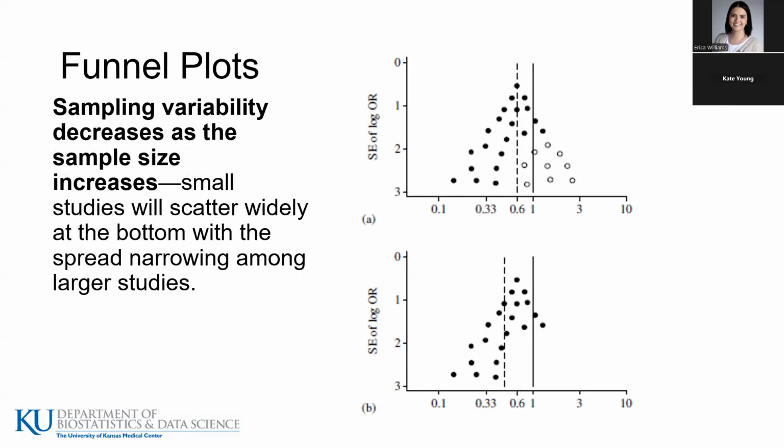One way that you can look at the risk of publication bias in a meta-analysis is with what's called a funnel plot. Funnel plots are tools that are often reported. You may have to look in the supplementary materials of a study to find these funnel plots.